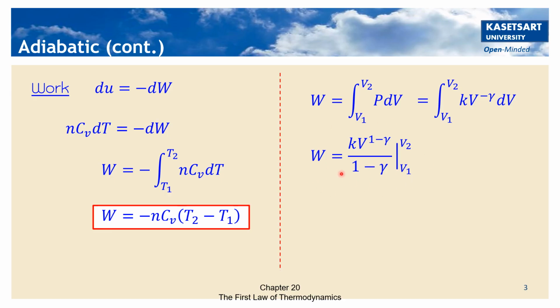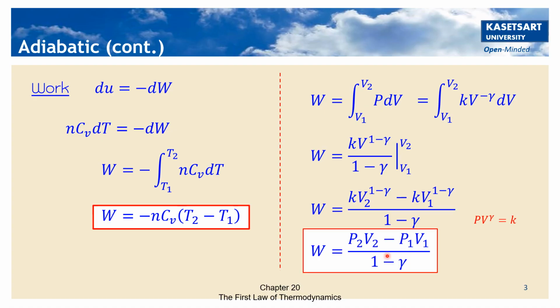So you have work W in adiabatic process equal to constant times V to the power 1 minus gamma divided by 1 minus gamma, and you substitute the states V2 and V1 into the equation. You have this. Then from this you can calculate the work as (P2 V2 minus P1 V1) divided by (1 minus gamma) for the adiabatic process.